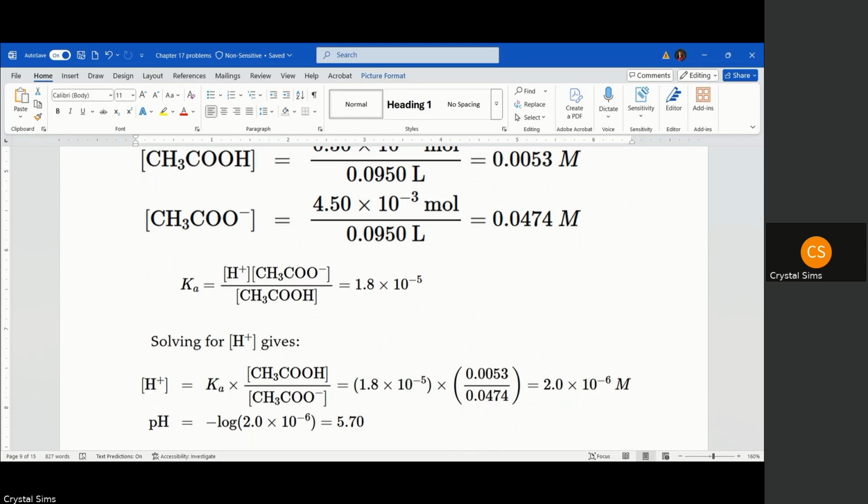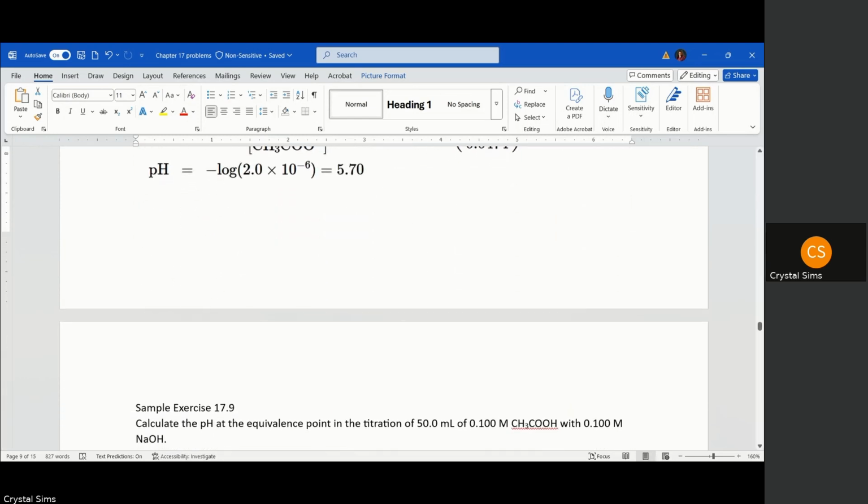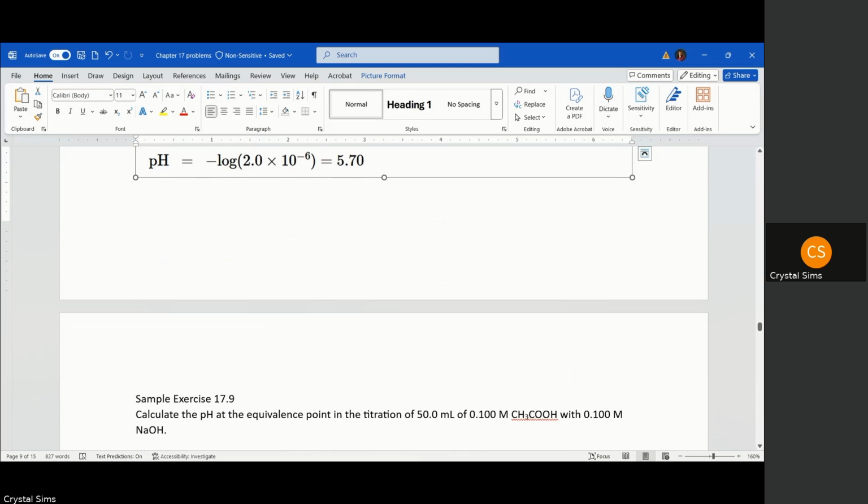The next problem that we get into is calculating the pH at the equivalence point in the titration of 50 milliliters of 0.1 molar acetic acid with 0.1 molar sodium hydroxide. So this time we need to know what is the pH at the equivalence point. We're still dealing with a weak acid and strong base.